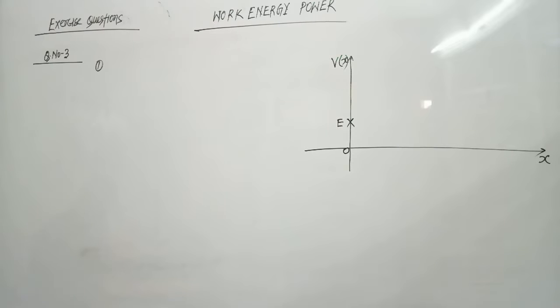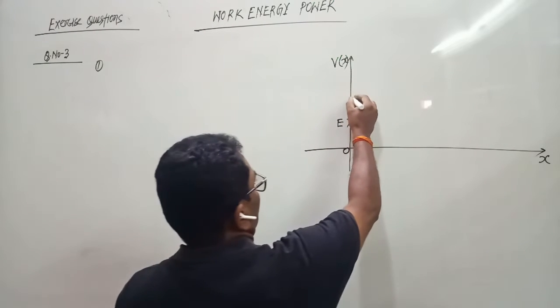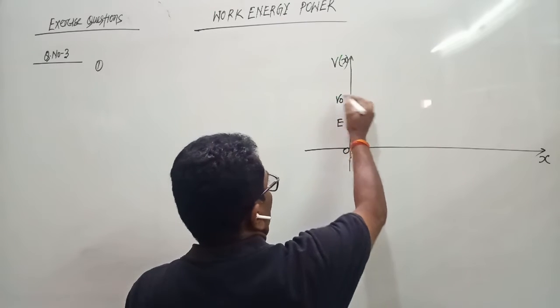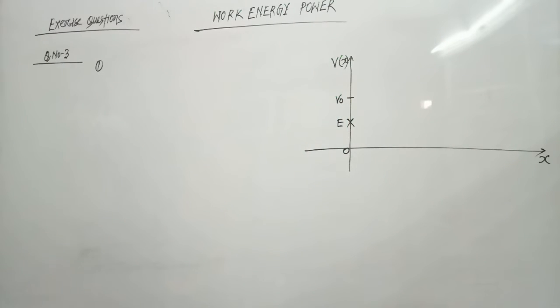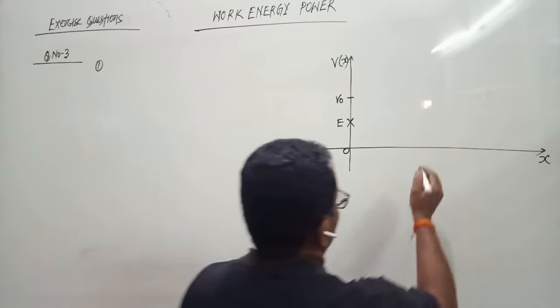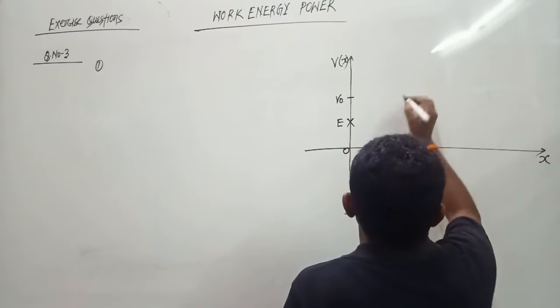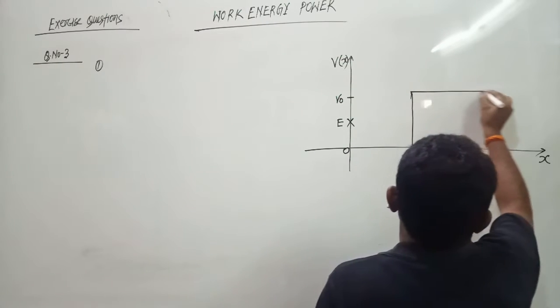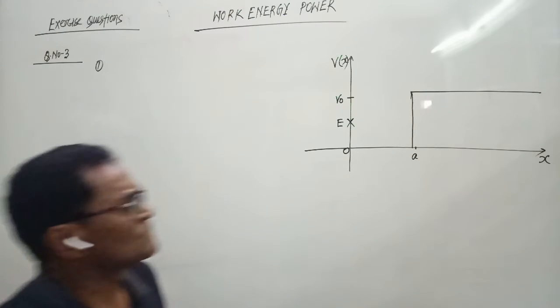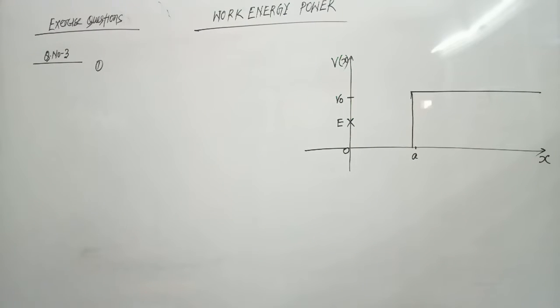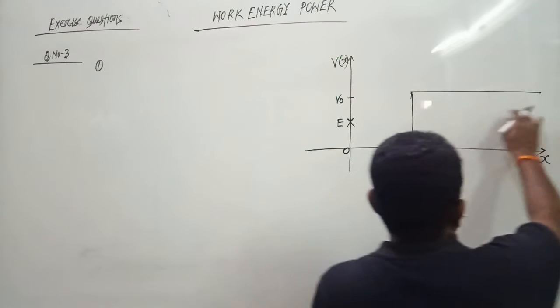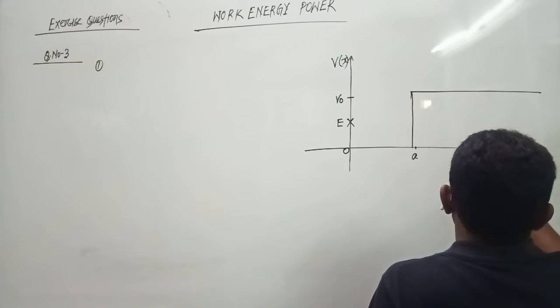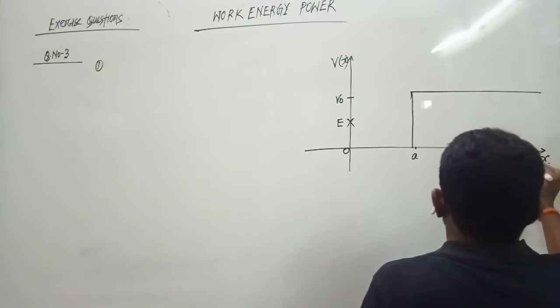And the graph is here. There is V naught, and the graph is shown. There is point A, and V(x) equals V_a.